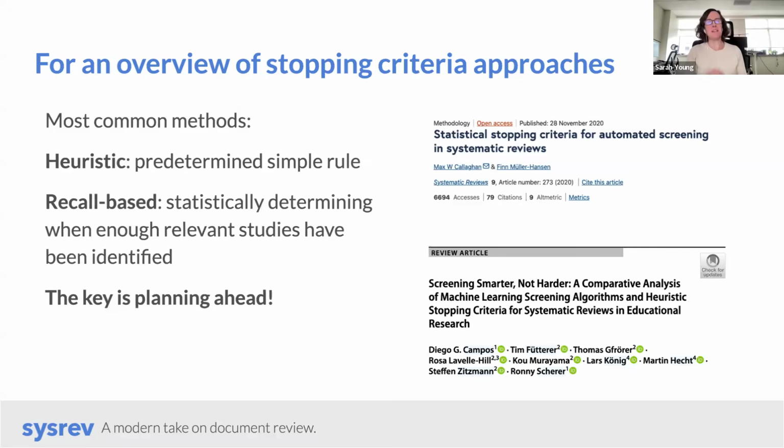So depending on the software you're using or the method you're using for screening, you may end up limiting yourself in terms of how you can use these different stopping methods. So thinking about this ahead, I think is really important.